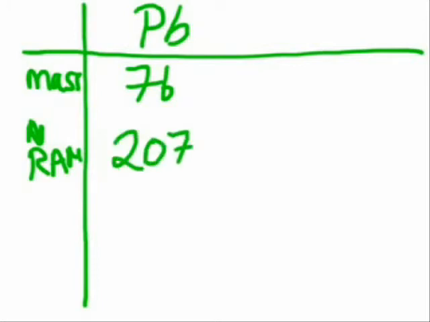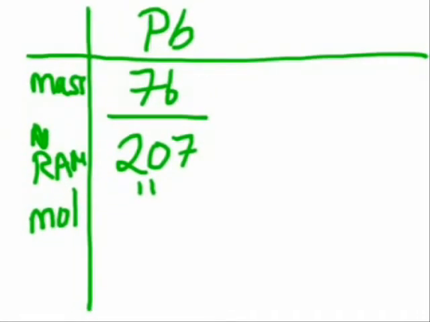And now from the equation on the previous slide, so go back in the video and have a look at the last equation if you're not sure what I'm doing here, to work out the number of moles, I would do 76 divided by 207 and work that out. That equals 0.37.